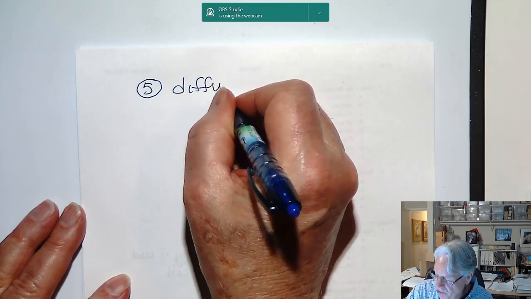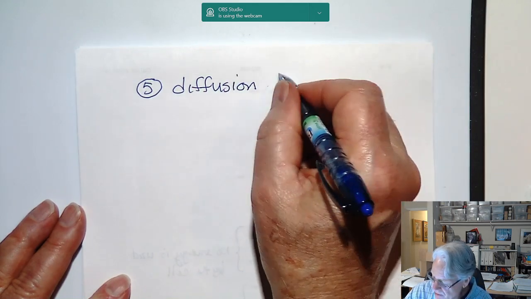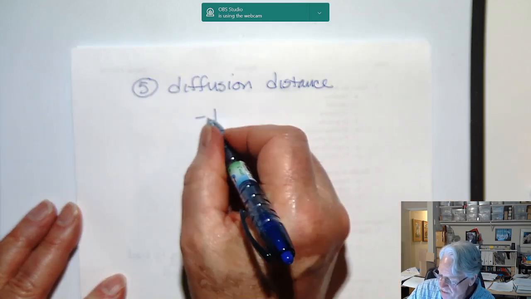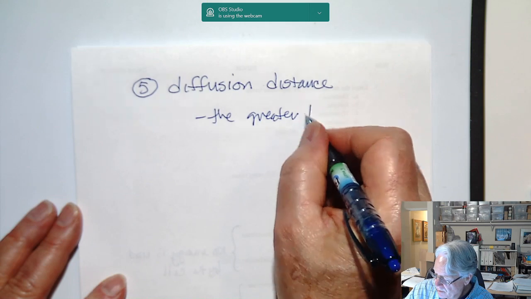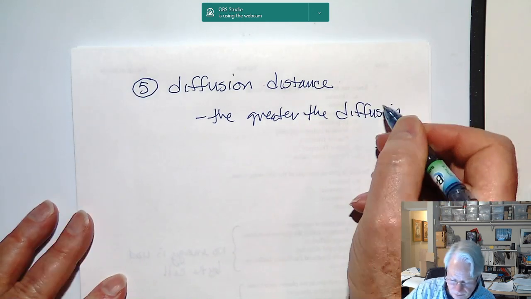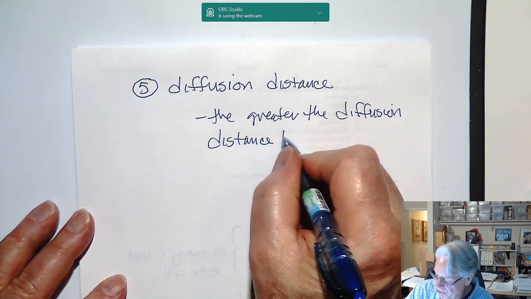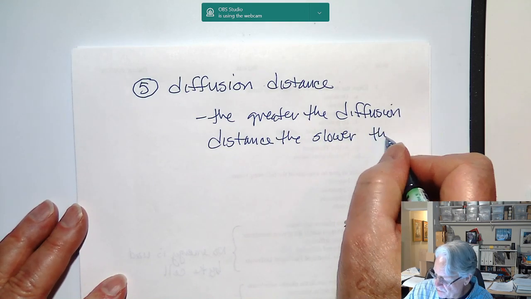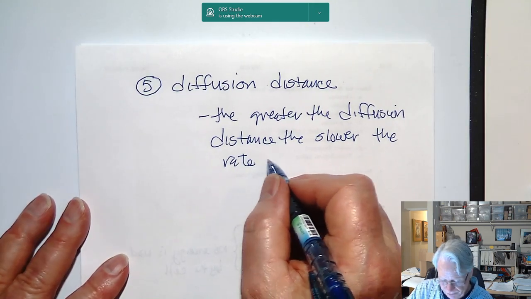So diffusion distance. Okay. So the greater the distance, the slower the rate of diffusion. The further you have to go, the longer it takes to get there.